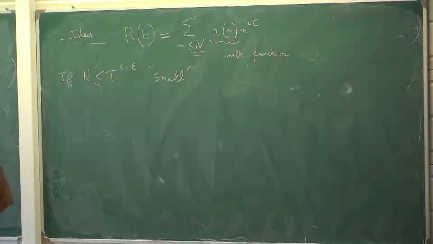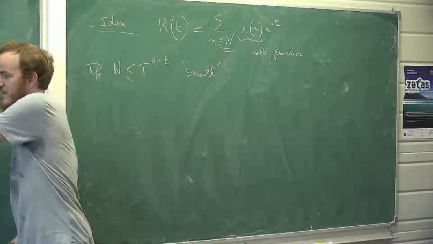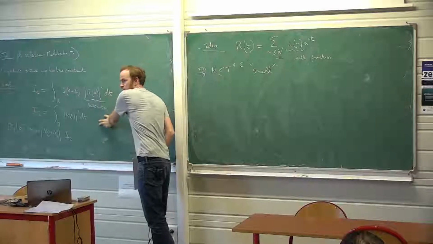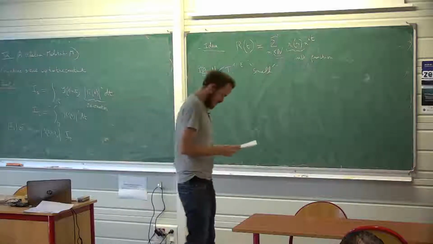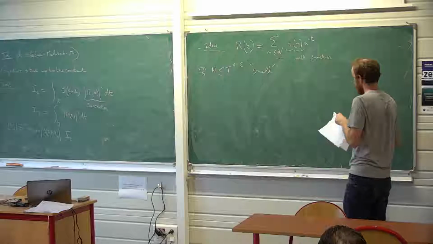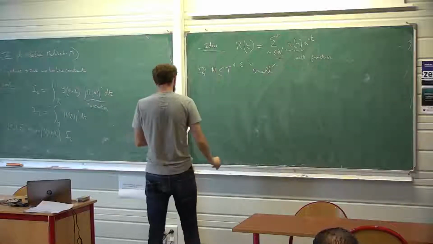Because in this case, you will be able to asymptotically evaluate exactly E1 and E2. You have an orthogonal system for this n. So I will just show why.